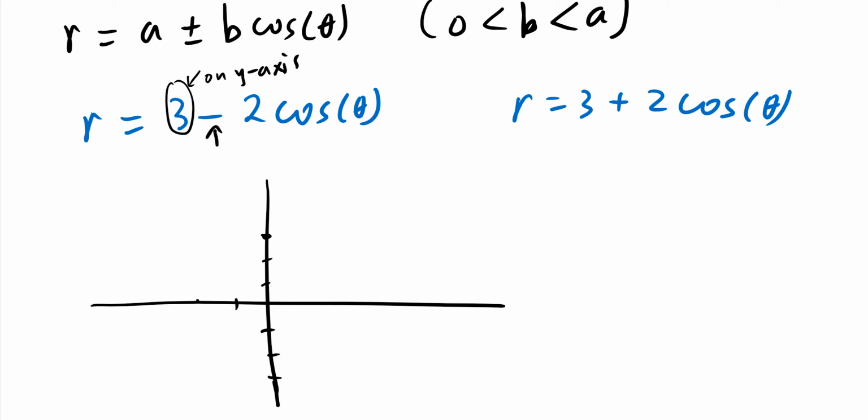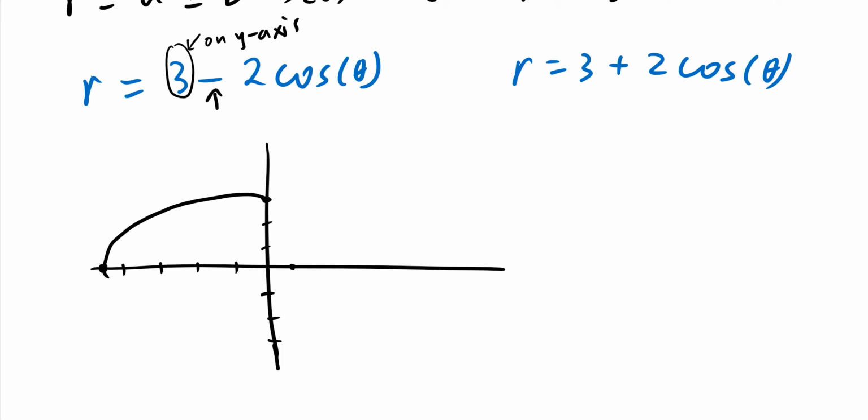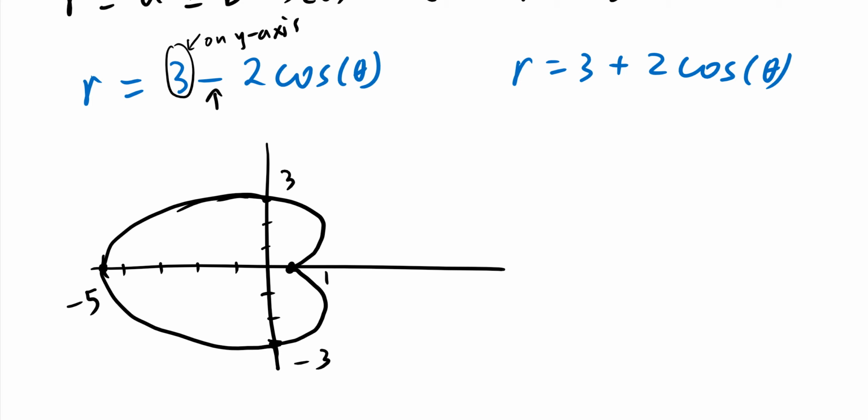And 5 here, 1, 2, 3, 4, 5, and 1 here, because 3 minus 2 is 1. So it's going to go like a circle, then a little bit out to this, and then out to this. 1, 3, negative 3, negative 5.